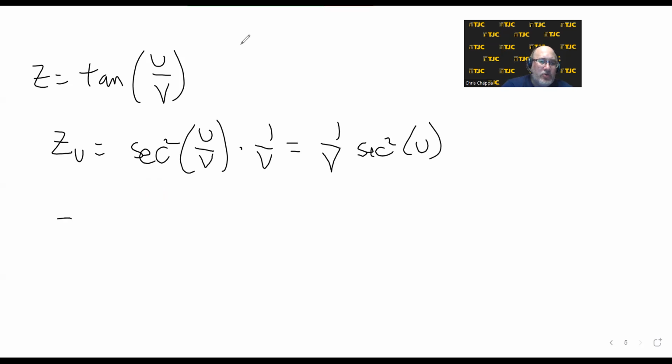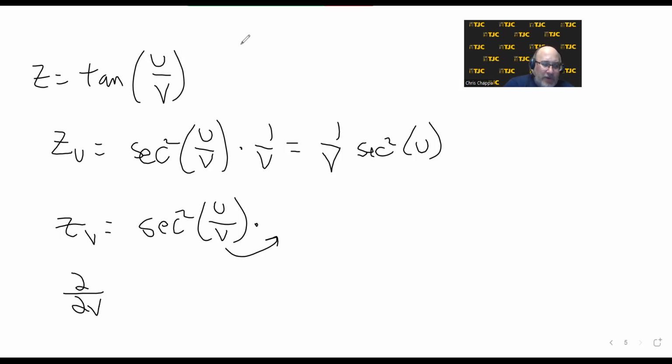And I also need the partial derivative of z with respect to v. It's still going to be secant squared because that's the derivative of tangent. And the inside's still going to be the same because that's how you do the chain rule. But now I need to take the partial derivative of u over v with respect to v. So let's think about this. Partial derivative with respect to v of u over v is going to be the partial derivative with respect to v of u times v to the negative 1.